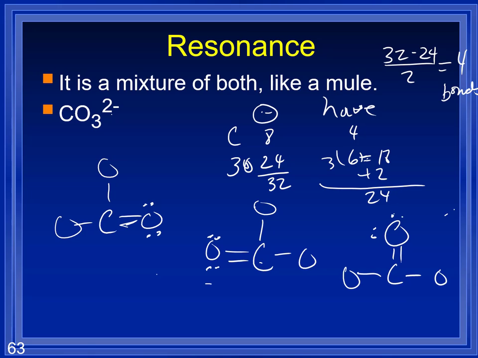The single bonded oxygens need 3 more pair. Oops, I forgot this one over here. Make sure everybody looks like a noble gas. Now, all of those have 24 dots. There are 24 dots on all of them.